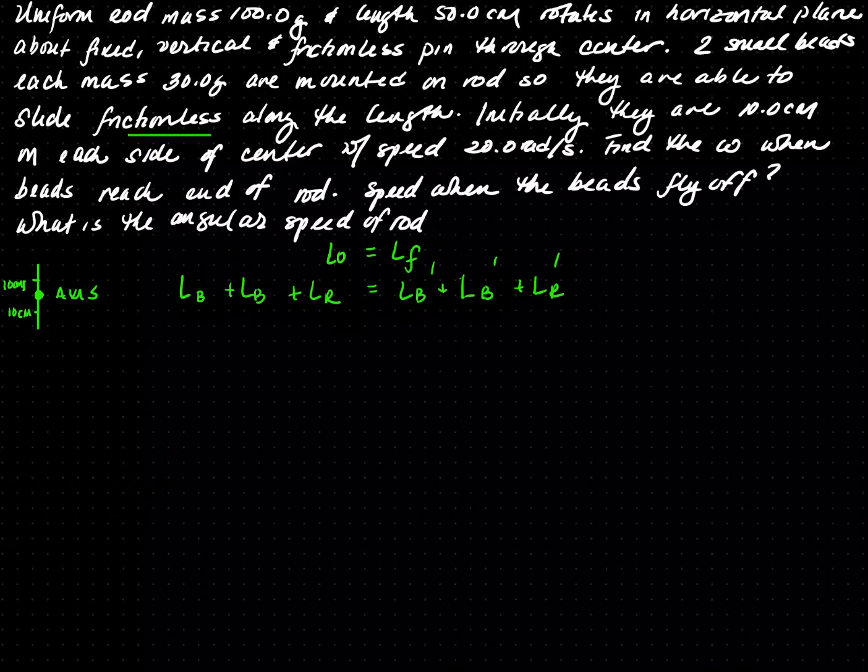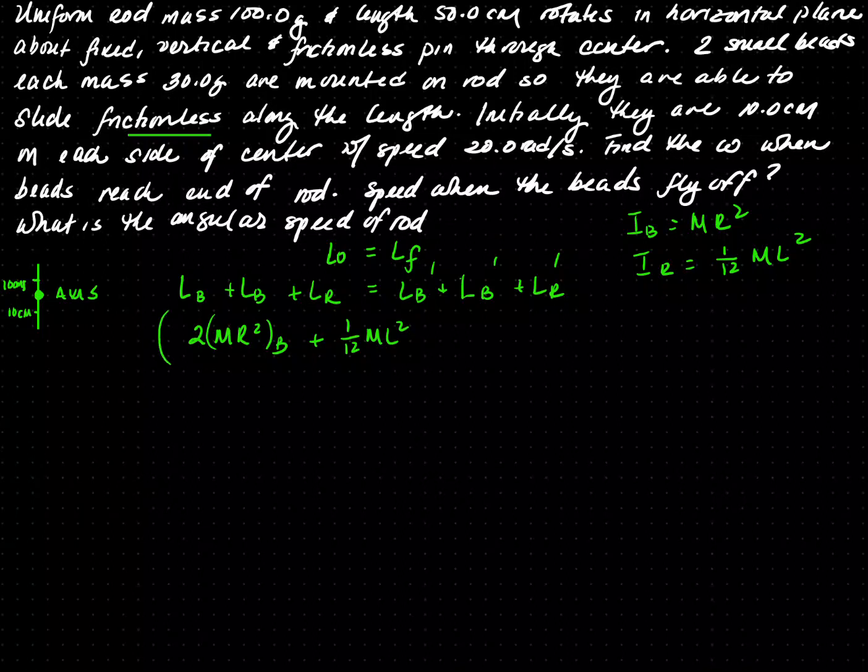We know the L of the beads are all the same, so we could even combine them. Since these are point masses, this is just going to become 2 mr squared. This is the bead. So for a point mass, we know it's mr squared. And since this is a rod rotating at the center, we know that the rod is going to be 1/12 ml squared.